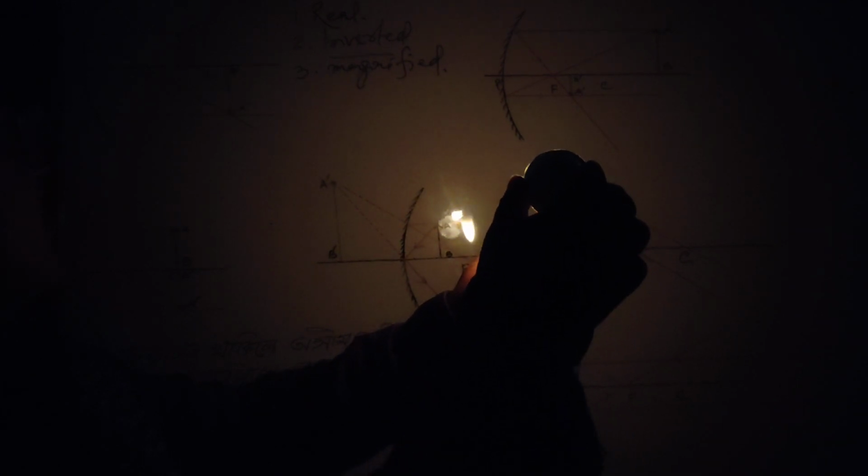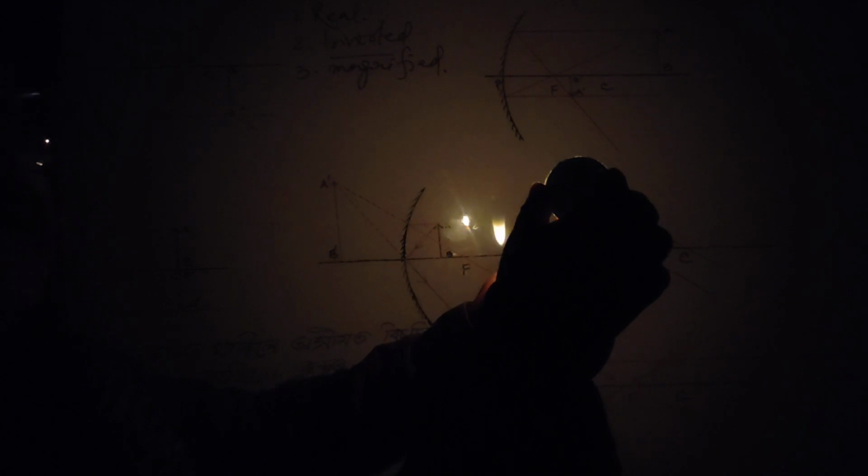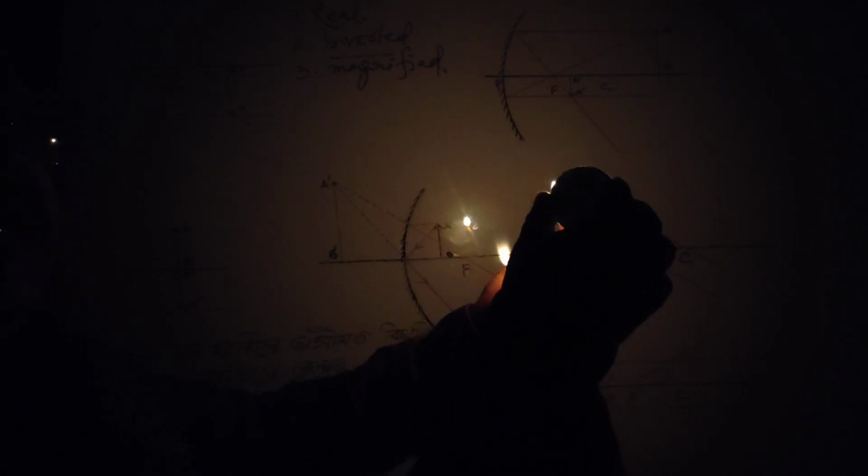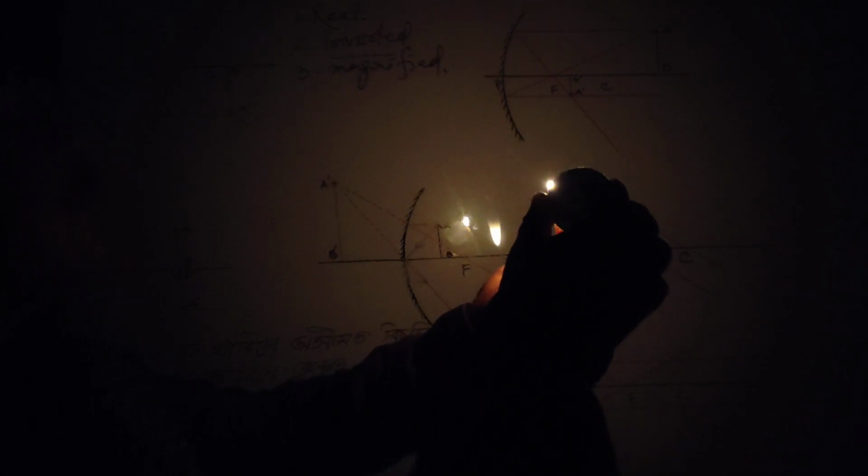And you just observe the flame of the candle. It is inverted. Am I right? And I am able to project this image on this screen, as it is a real image, and I can touch that image also.